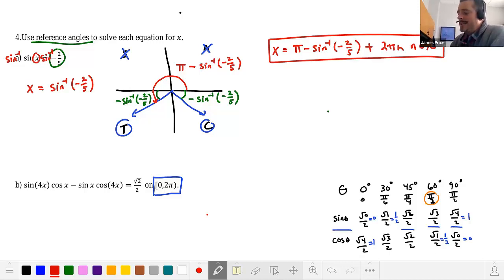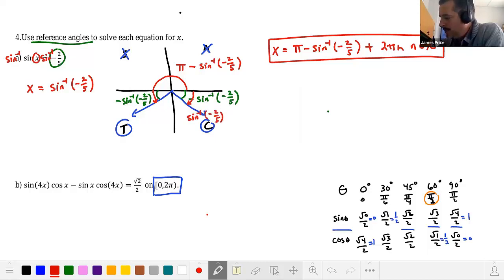And then my second answer, if you want, I can go all the way around to here, but there's no restriction on my answer. So I can just start here and go back if you want. So when you go back, you basically just subtract off the reference angle. So minus a minus is a positive sine inverse of negative 2/5.